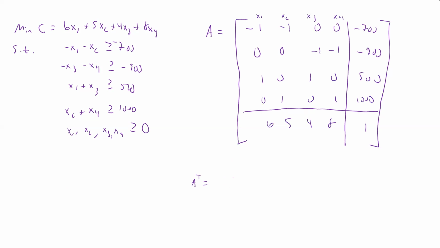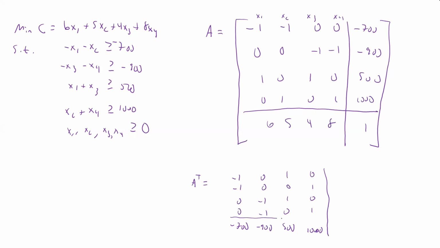So we're going to get -1, -1, 0, 0, and then a -700. And then we're going to get a 0, a 0, a -1, a -1, and then a -900. And then we're going to get 1, 0, 1, 0, 500. And then we're going to get 0, 1, 0, 1,000.